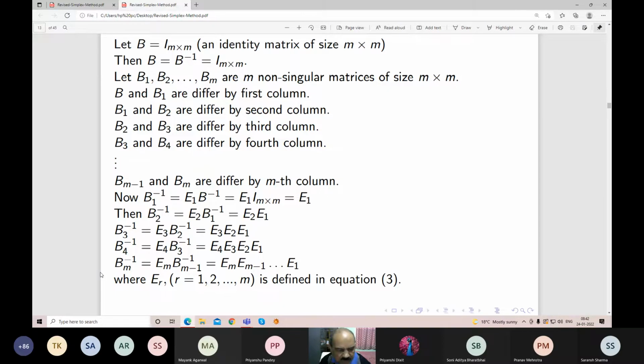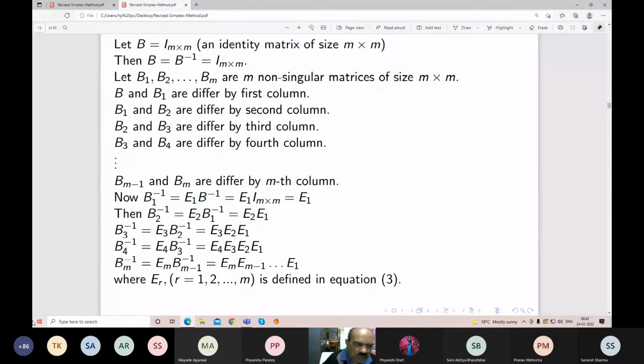If you continue in the same manner, you can write Bm inverse equal to Em into Bm minus 1 inverse, that is Em into Em minus 1 and so on, finally up to E1. And what is E1, E2, E3 up to Em? They are actually identity matrices, only one column is different.